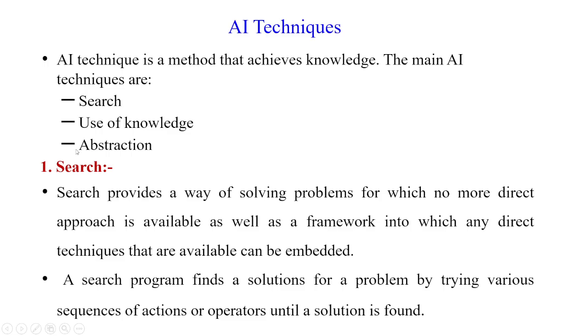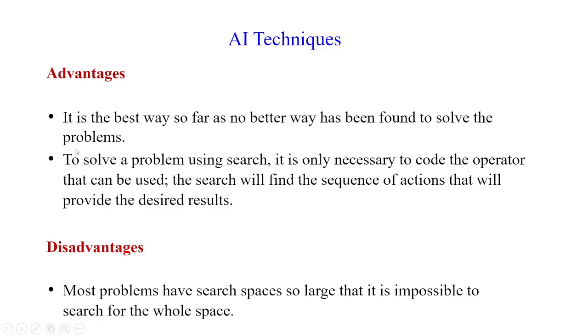Some of the famous search algorithms are breadth first search, depth first search, the A star algorithm, which uses heuristics, and the Minimax algorithm, which is used in game playing. Now, some of the advantages.